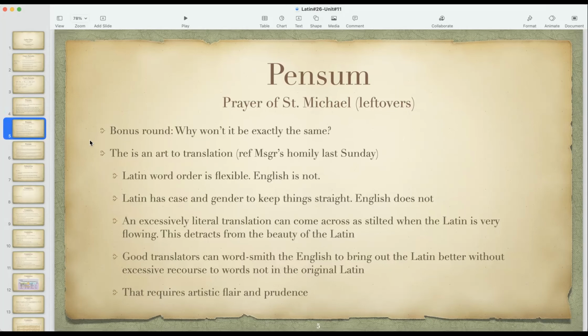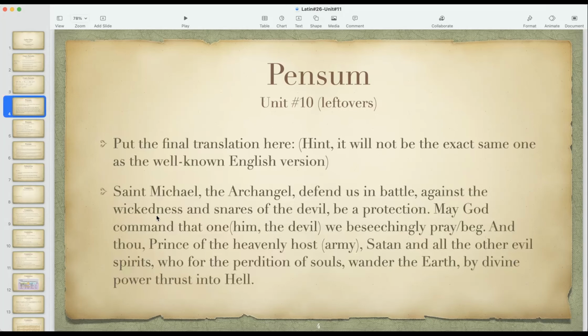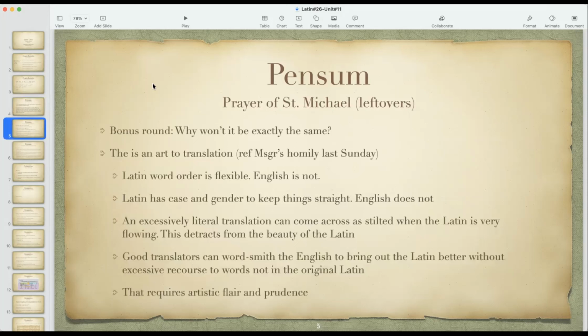Now, actually going back, this is a perfectly good translation that you might write for yourself, because as you read the Latin, that's a pretty good mapping of what the Latin says. And I think you can understand it from the grammar as you're reading the Latin. But as I said, there is an art to translation.